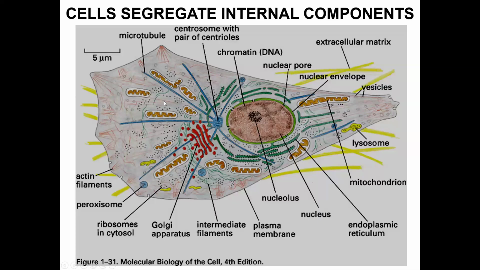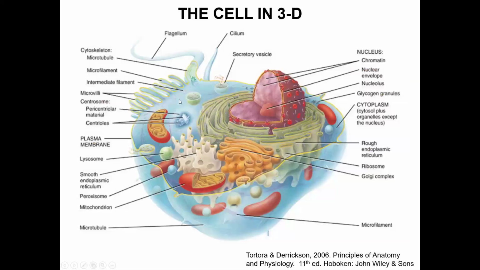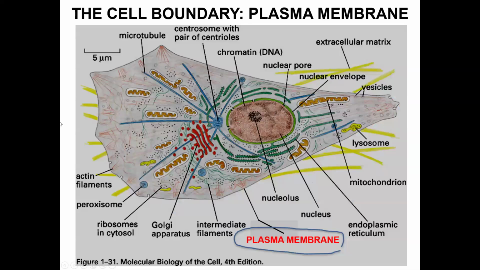However, you have to imagine the cells as three-dimensional structures, and you have to get used to looking at the three-dimensional structure based on the two-dimensional images that we look at in histology. Now let's take a look at the individual components of the cells, and we begin first with the plasma membrane that surrounds what's inside the cell.